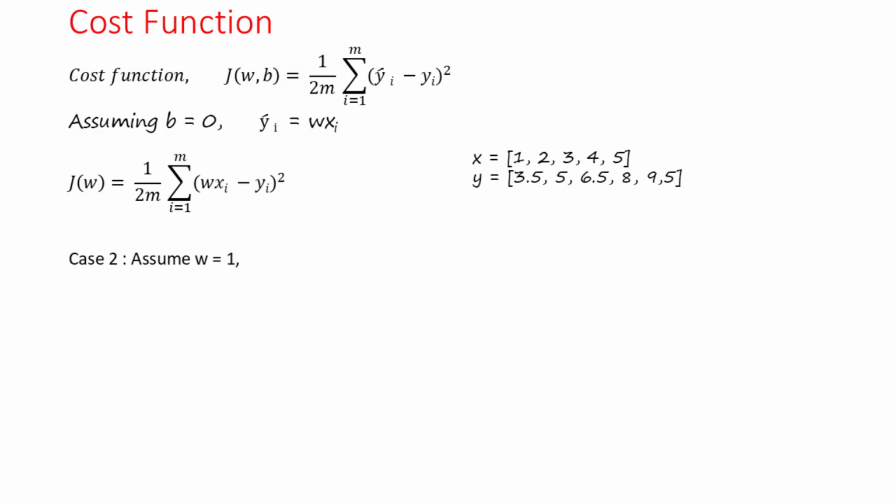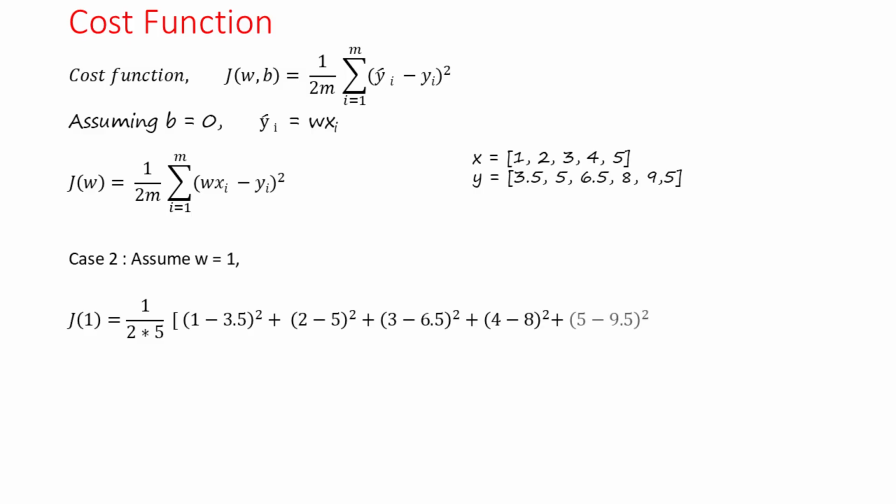Case 2. Now let's try W equal to 1. J of 1 is 1 divided by 2 times 5. Wx1, 1 into 1, that is 1 minus 3.5 squared, plus 1 into 2 minus 5 squared, 1 multiplied with 3, that is 3 minus 6.5 squared, plus 1 multiplied with 4, that is 4 minus 8 squared, plus 1 multiplied with 5, that is 5 minus 9.5 squared.